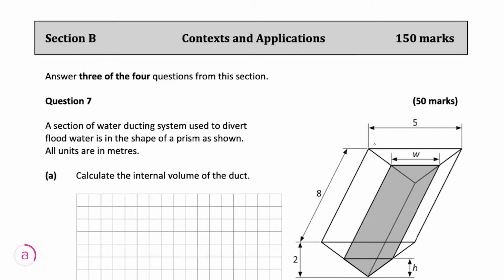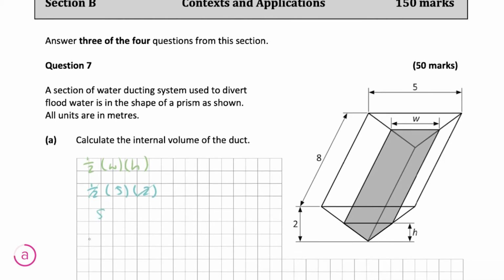The base of the prism is a triangle, and the area of a triangle is given by a half by the base by the height. Using the measurements, we get a half by 5, which is the base, and then the height is 2. So these two will cancel out, so that's going to be 5.